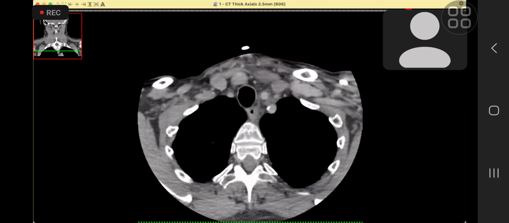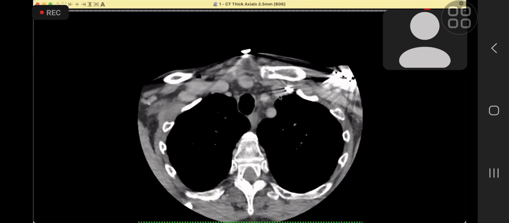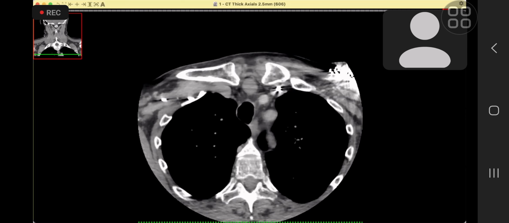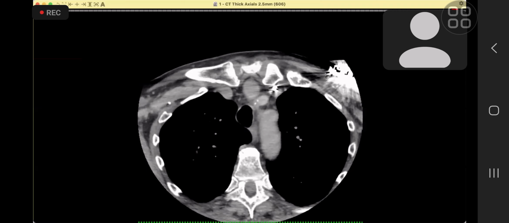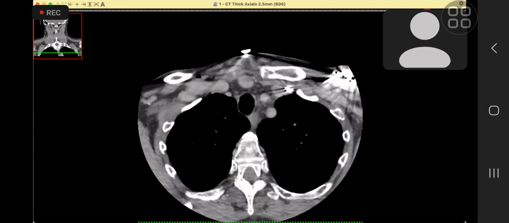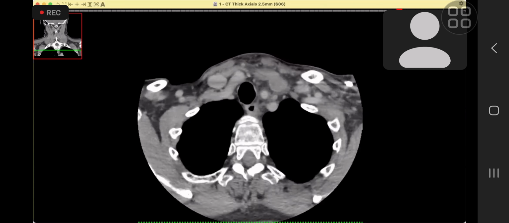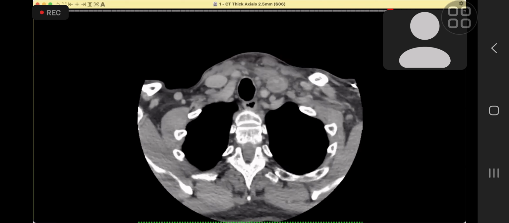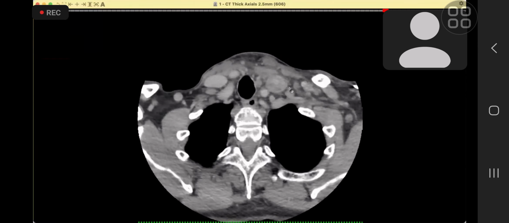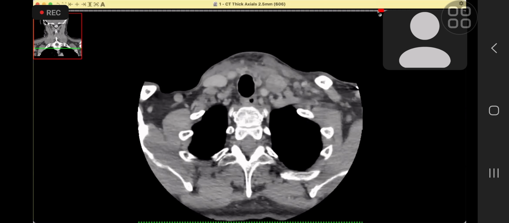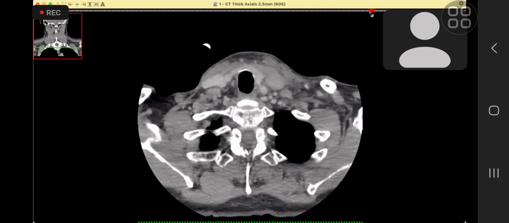Yes, this is a large vessel which is relatively less enhancing, and it is tracing till the union and confluence with the left subclavian vein, and this is an enlarged, partly thrombosed, actually fully thrombosed internal jugular vein.